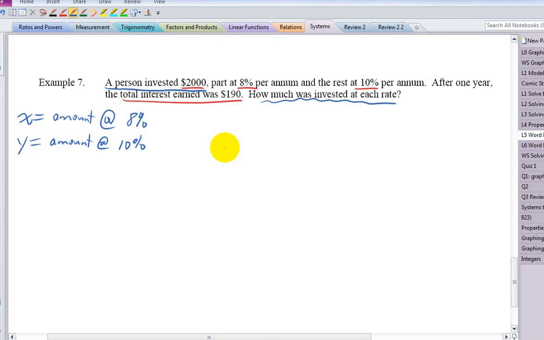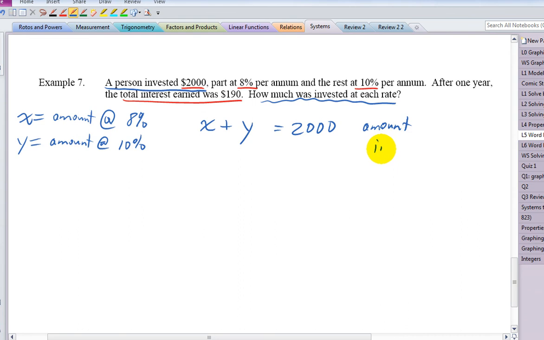This is just like our coins. So you have $2,000. That's made up of how much was invested at 8% and how much at 10%. So X plus Y, the two amounts, add them up, must equal 2,000. Okay, so that's an amount equation.